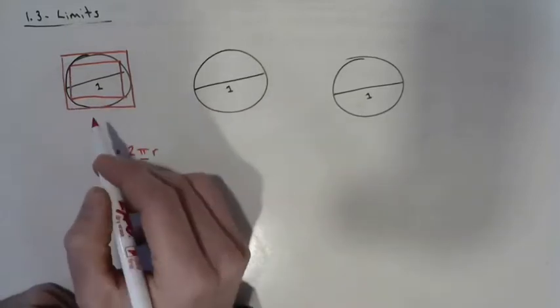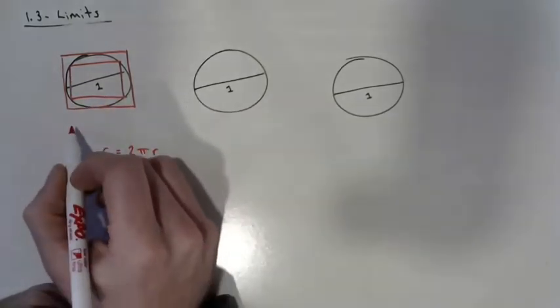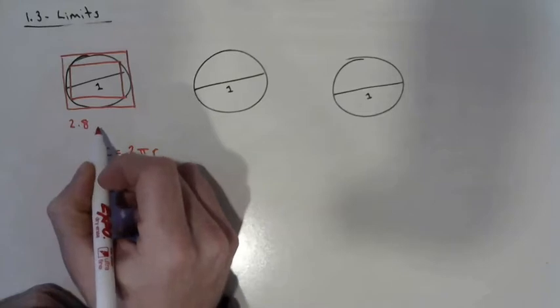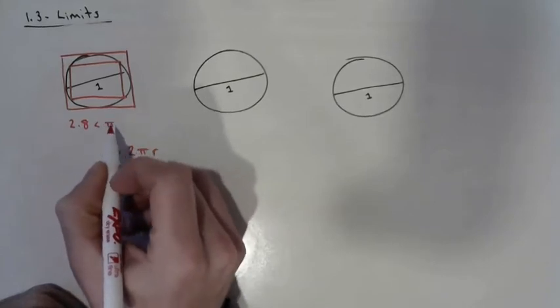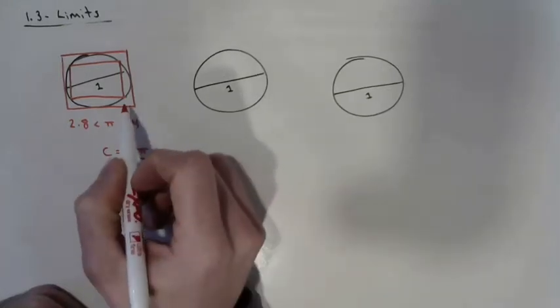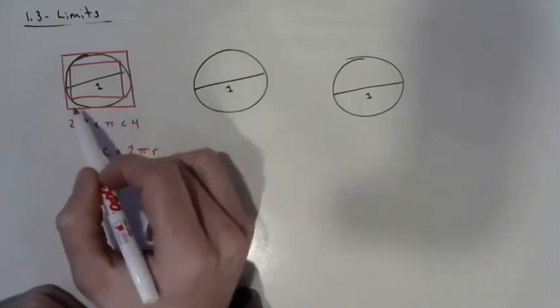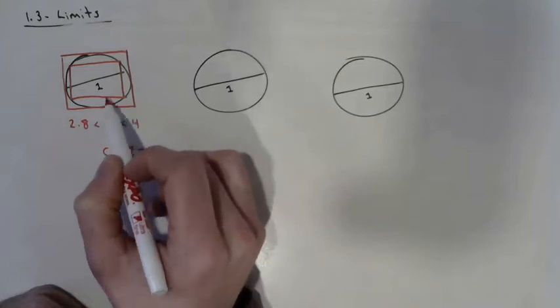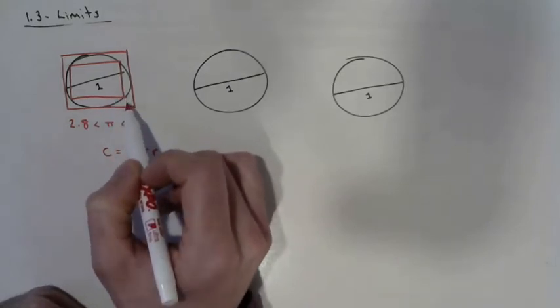And he got the perimeter of that square. And from that, he was able to estimate that pi fell somewhere in between 2.8 and 4. You can clearly see that the circumference, the perimeter of the circle, is less than the big square, but more than the small square. And so we have an estimate there.